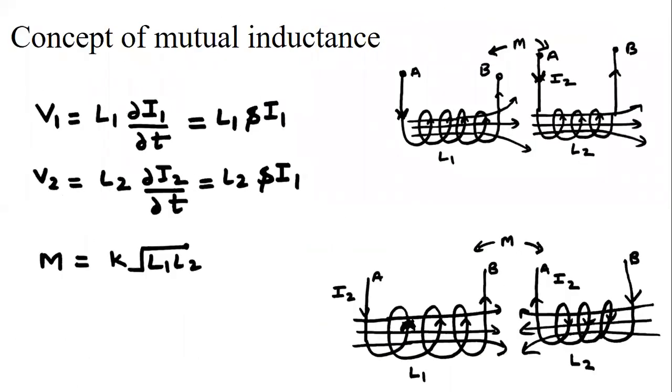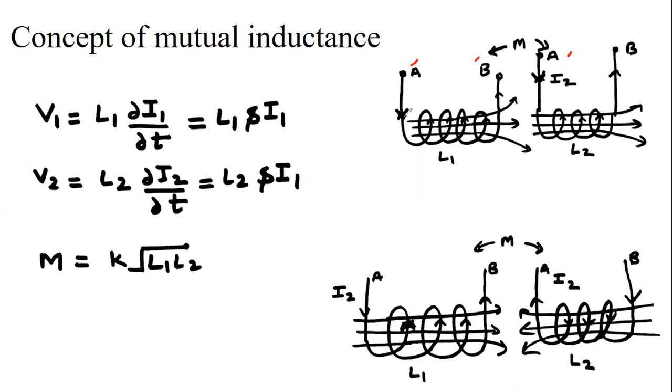Okay, now next we are moving on to the concept of mutual inductance. So first, what is inductance and what is mutual inductance? So see, here we have shown two coils, that is one coil with inductance L1, and this is my second coil.